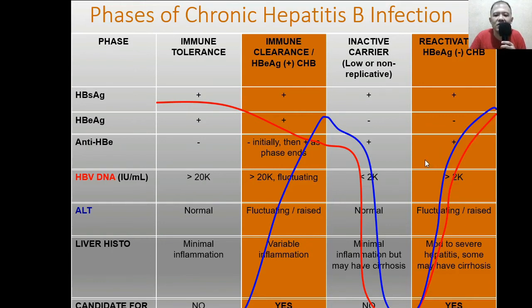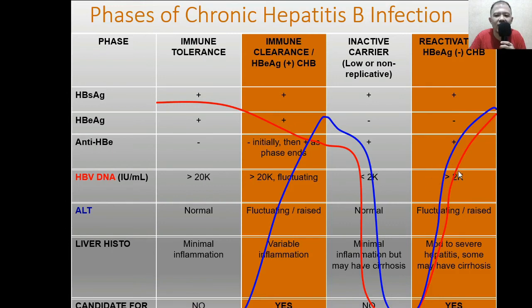If you notice also here, at the reactivation phase, you have a negative HBe. But do we have to be complacent, or does it give us an assurance that the patient is not anymore infectious? No. Why?